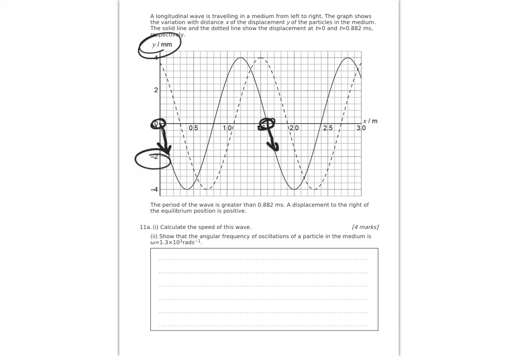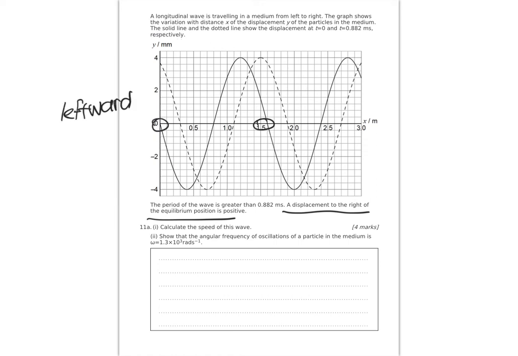Now, again, the particle is not literally moving down. This is not a transverse wave, but if it's talking about negative displacement, where it says a displacement to the right of the equilibrium position is positive, then that means those 2 points there are going to be leftward movement.